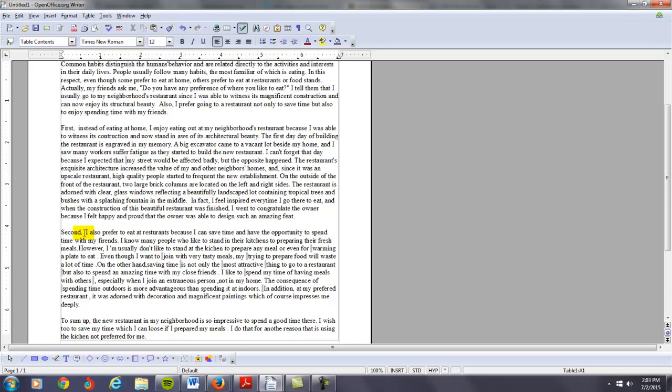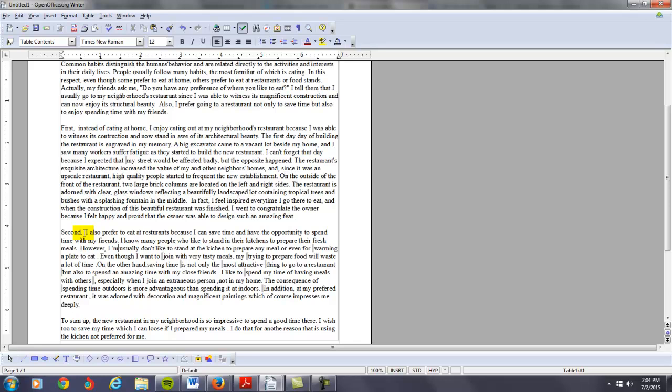I know many people like to stand in their kitchens to, I'm going to put here an infinitive, to prepare their fresh meals. Let me write this down. To prepare their fresh meals.